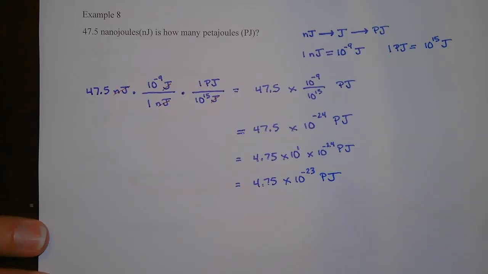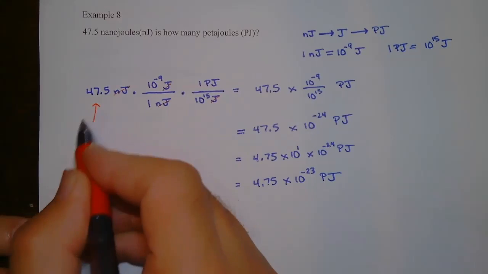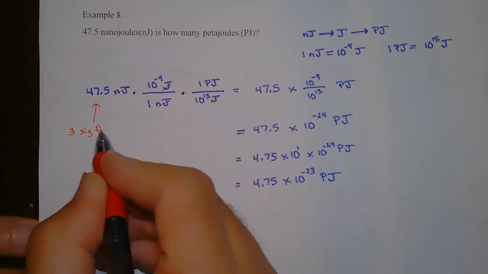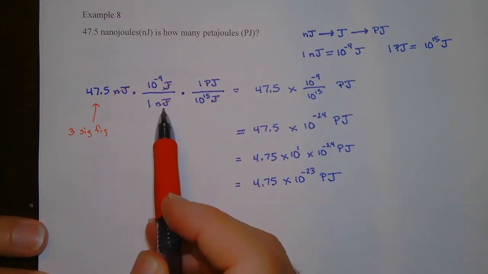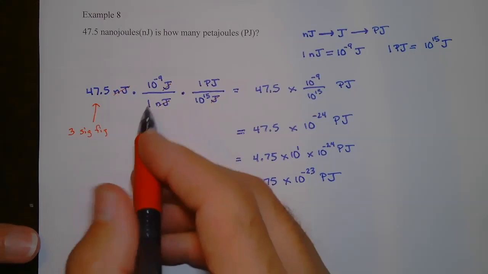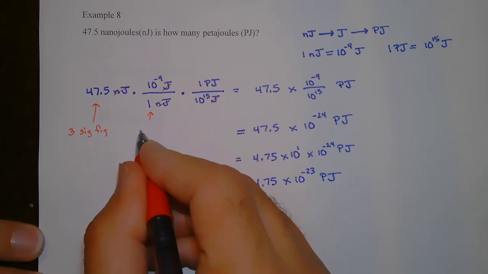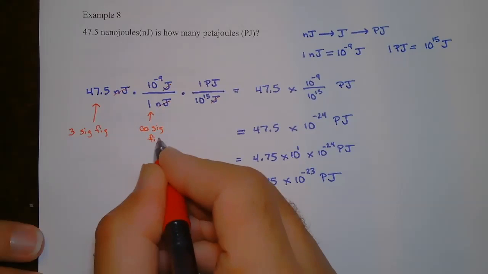Now, do we have the right number of significant figures? This 47.5 has 3 significant figures. The 10 to the negative 9th joules equal to 1 nanojoule is the definition of what nano means, so it's exact and has infinite significant figures.